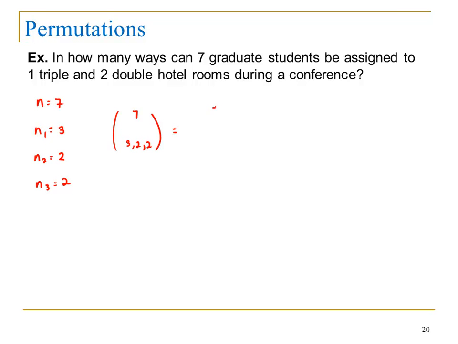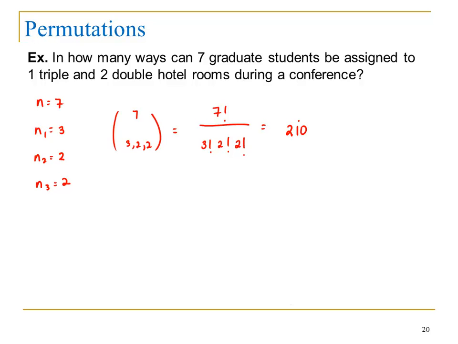Again, you look at the total factorial divided by factorial of 3 times the factorial of 2 and the factorial of 2. And for these 7 students in these 3 rooms, we have 210 different options.